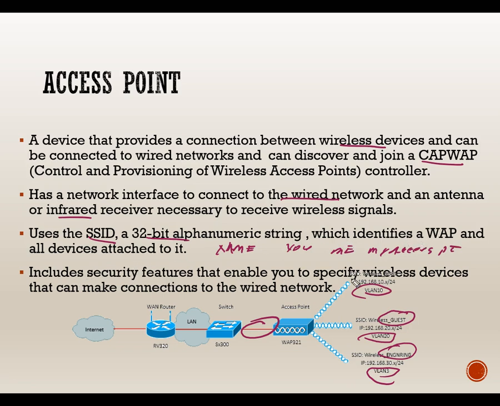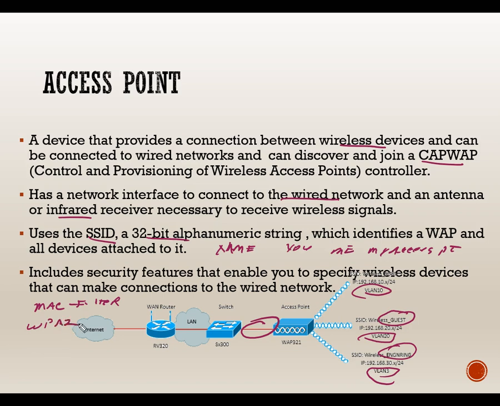Security features that enable you to specify wireless devices that can make connections to your wired networks. We can have a MAC filter, a media access control, a physical address filter that says if you're not on the list, if your MAC address isn't on the list, then you can't connect to this network. We also use pre-shared keys.